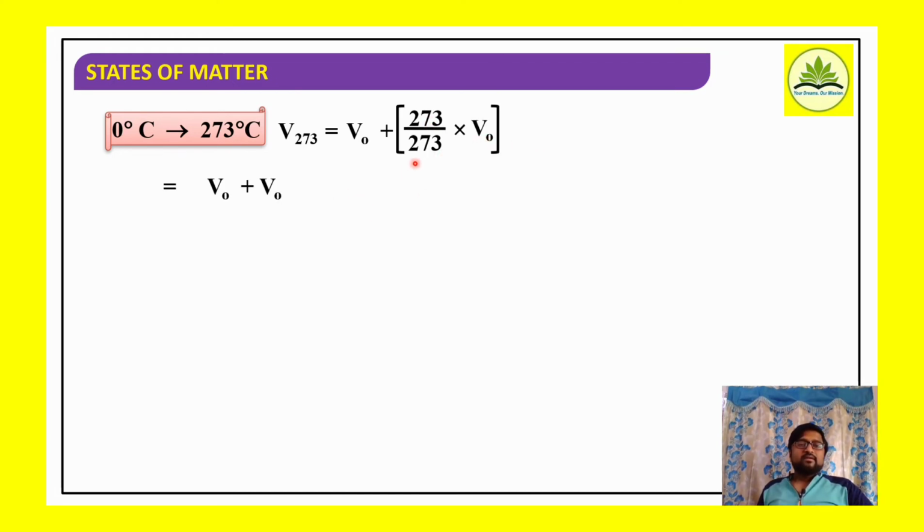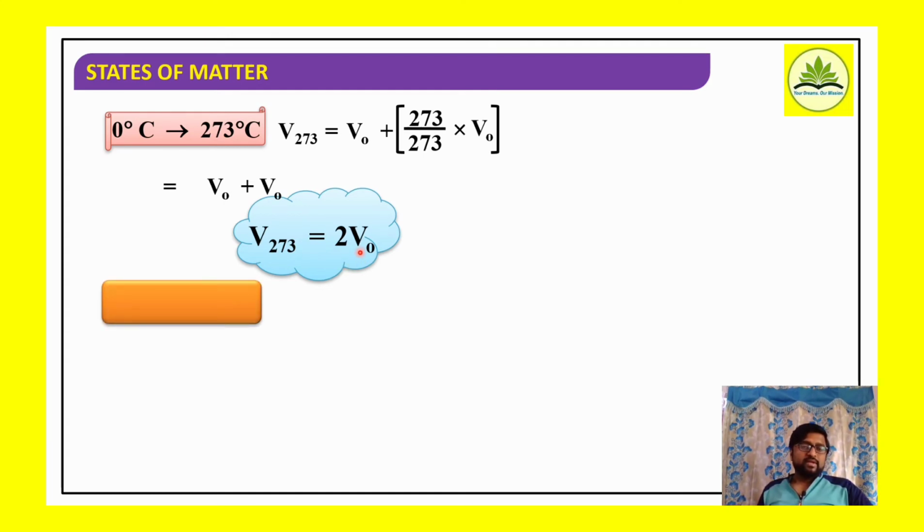Here 273 cancels, so what remains is V naught plus V naught, which means V273 will be equal to 2 V naught. The volume at 273 degrees Celsius will be 2 times the initial volume. This is one thing you have to remember: volume at 273 degrees Celsius will be equal to 2 times its initial volume.